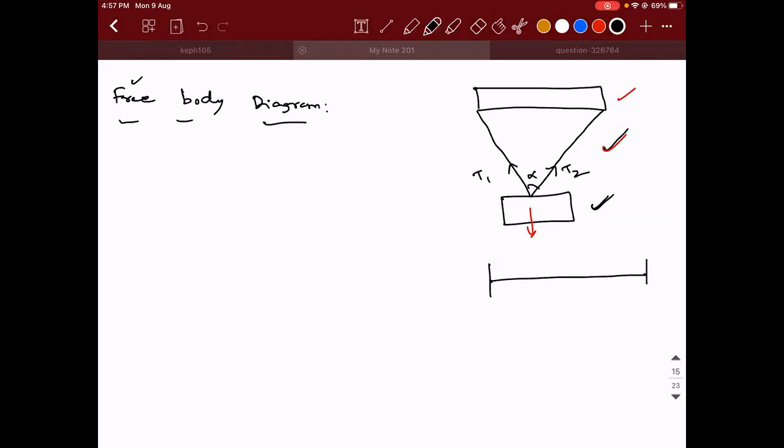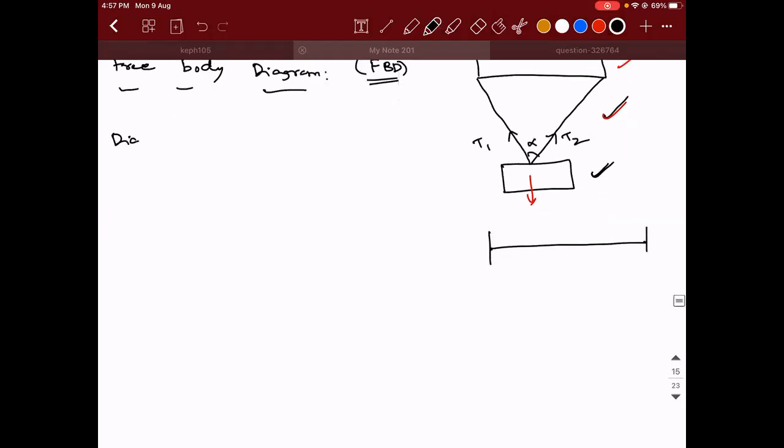So what do you understand, guys? The name suggests it. A free body diagram is basically a diagram with all the forces.